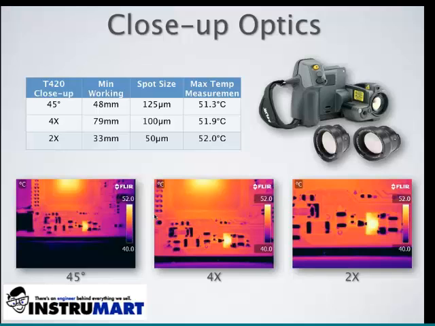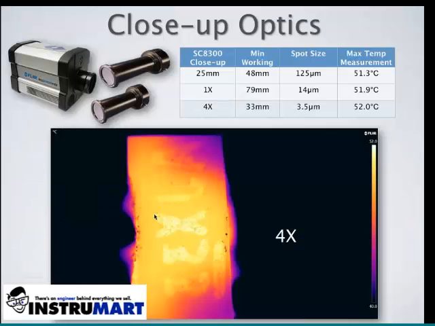Now again, as a comparison, I thought I would take our most advanced camera system and microscope lens and show you the result from that system. And again, this is the SC8300 camera, which is the HD or megapixel camera. And I've displayed the measurement results here from this camera.